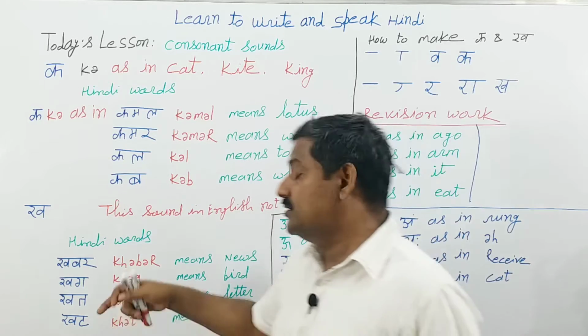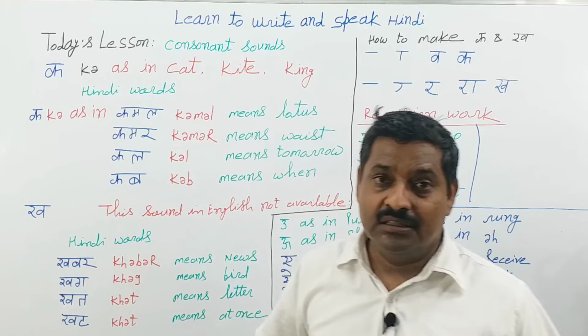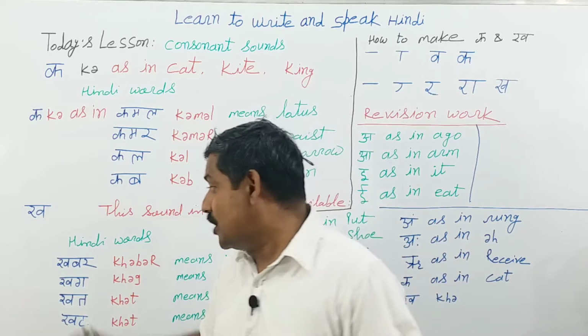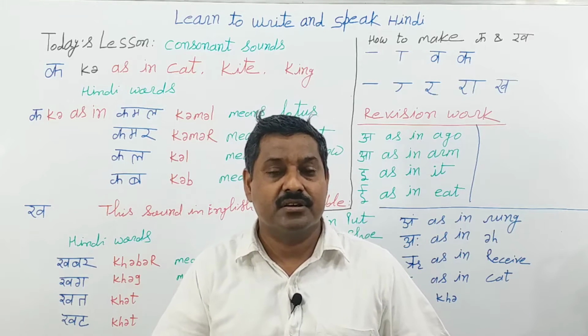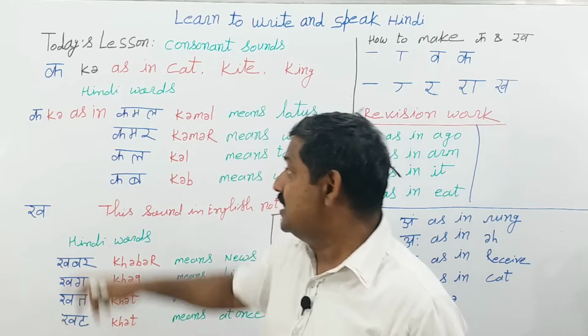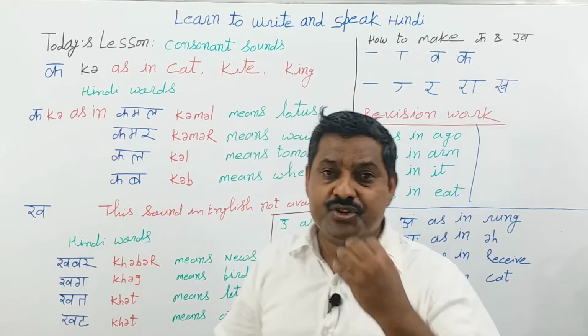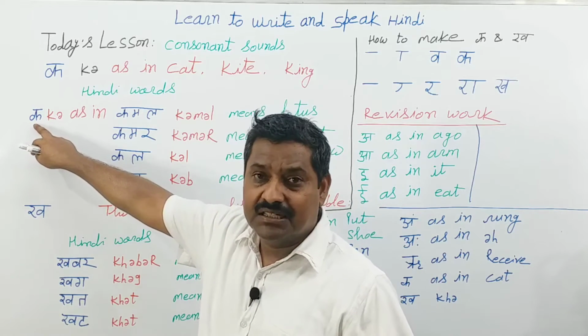The next consonant sound is kha. Actually, this sound is not available in English. The articulation of this sound in the mouth is in the same place where the k sound is pronounced.